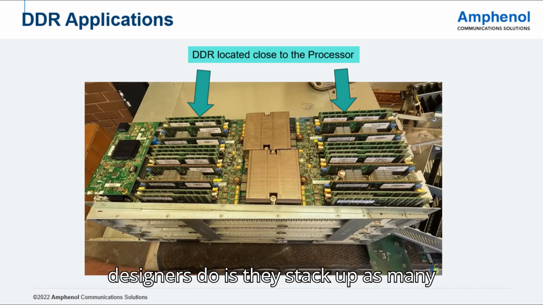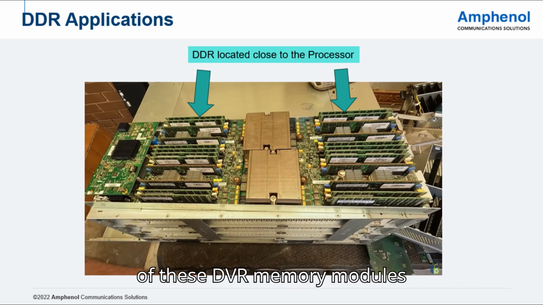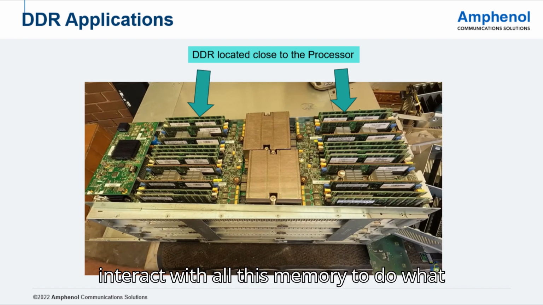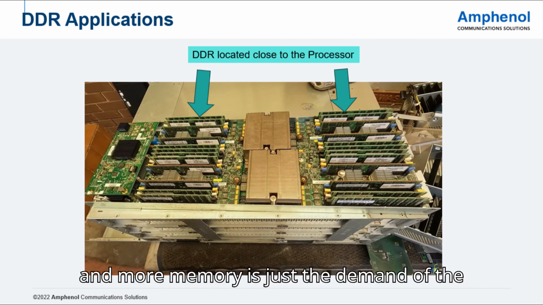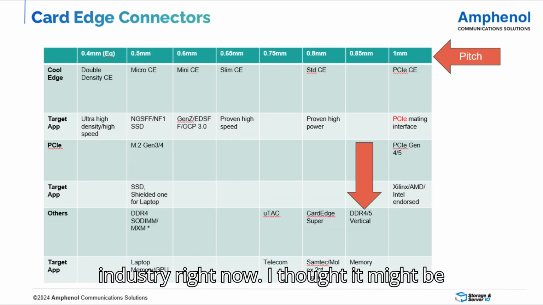So what designers do is stack up as many of these DDR memory modules as close as possible to the processor so that the processor can interact with all this memory to do what it does. This seems especially important now in our AI world, where faster speeds and more memory is just the demand of the industry right now.